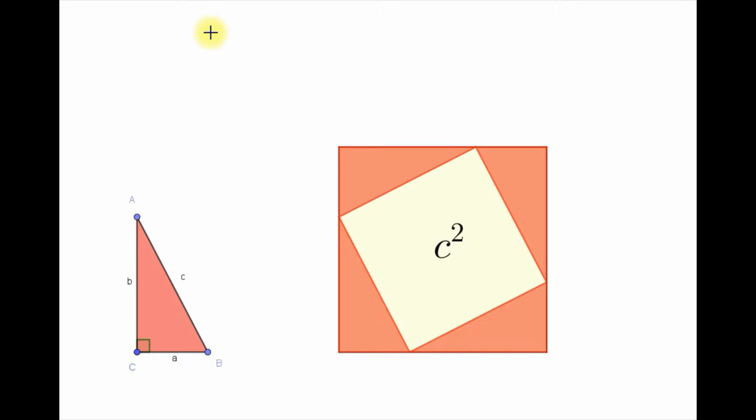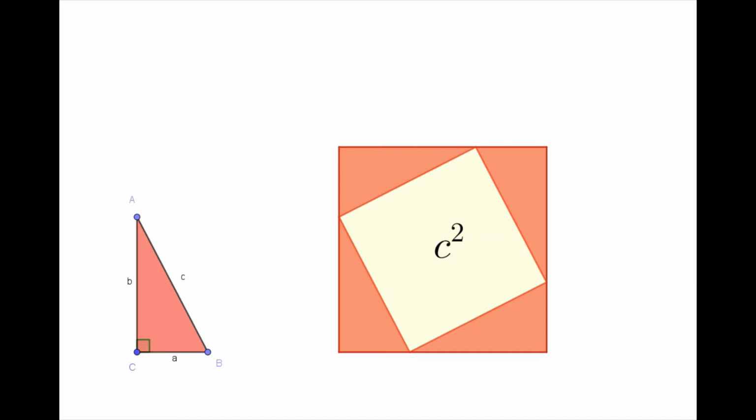Now, what we're going to do is keep the big square the same size, but I'm going to move my 4 original triangles. An important thing for us to understand is no matter where I move these 4 triangles, they're going to cover up the same amount of the original square, which means the part that they don't cover is going to be equal in area to the c squared, even though it might not look like a square.